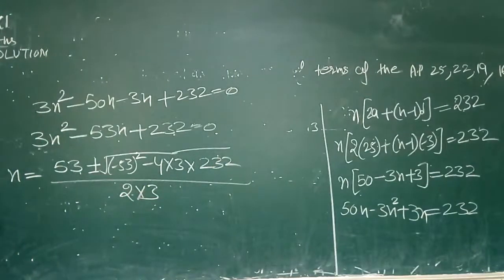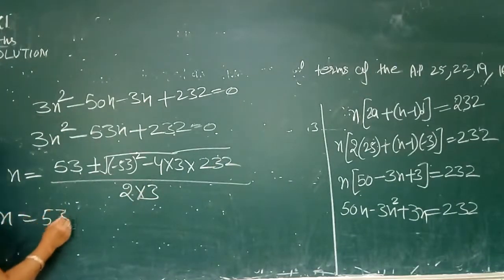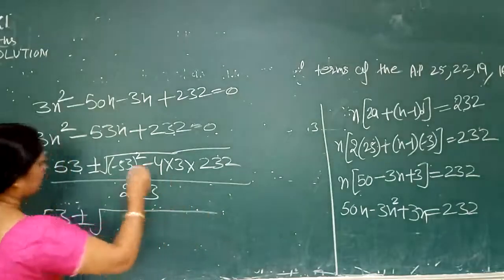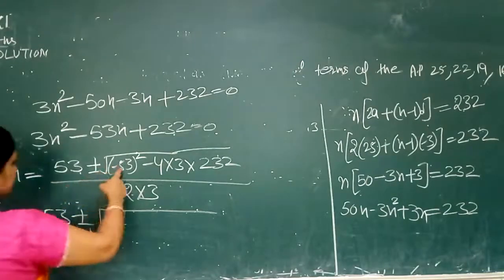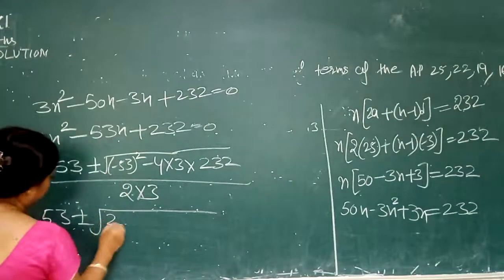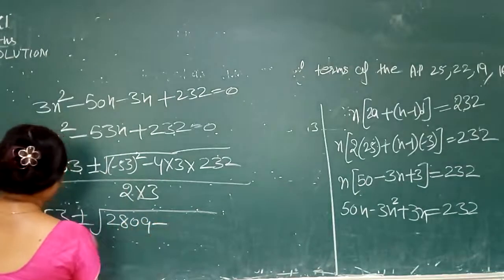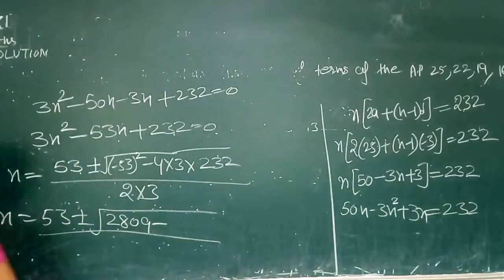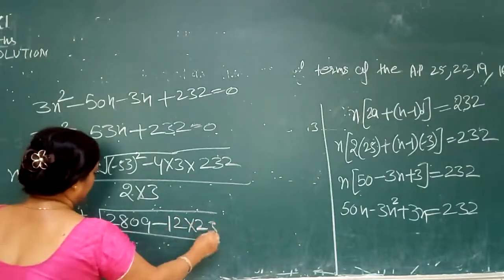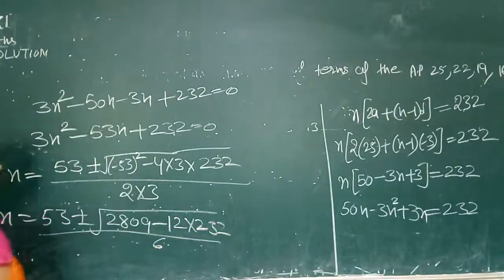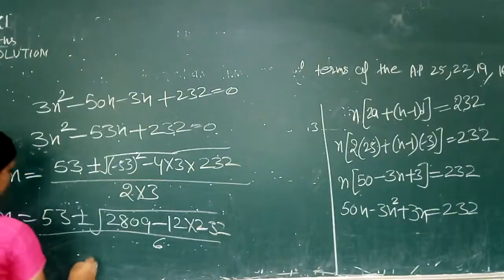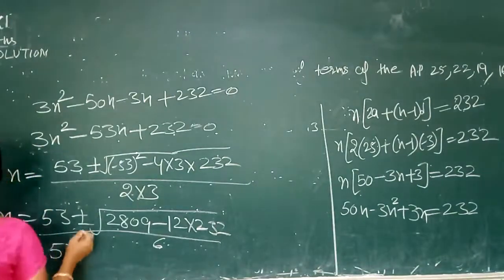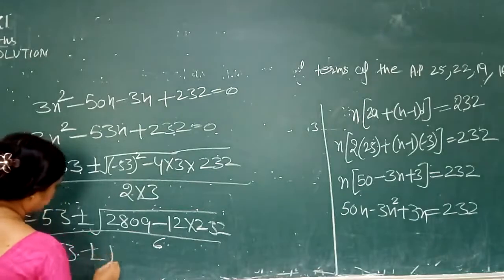After that n is equal to 53 plus minus, minus square will come plus, so 53 square, that will come 2809, minus, now multiply 12 into 232, which comes 2784, upon 6.